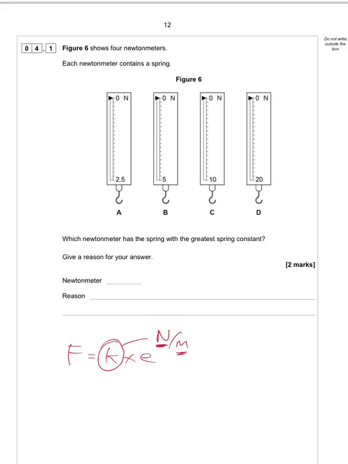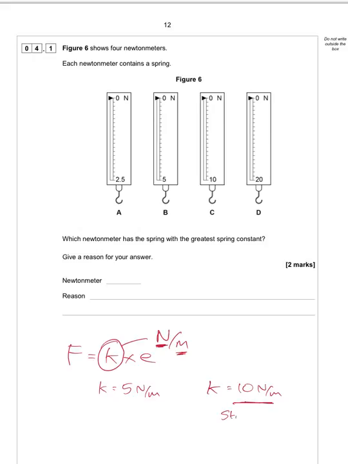So, for example, if you have a spring constant of 5 newtons per meter, as opposed to a spring that has a spring constant of 10 newtons per meter, this spring here is the stiffest spring.